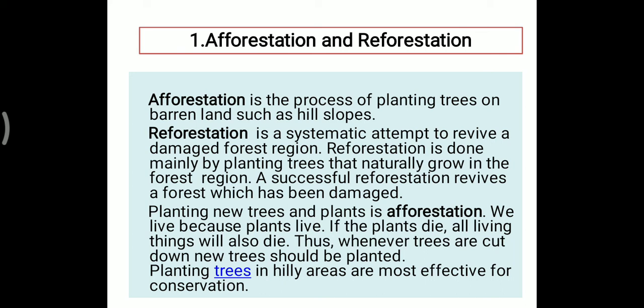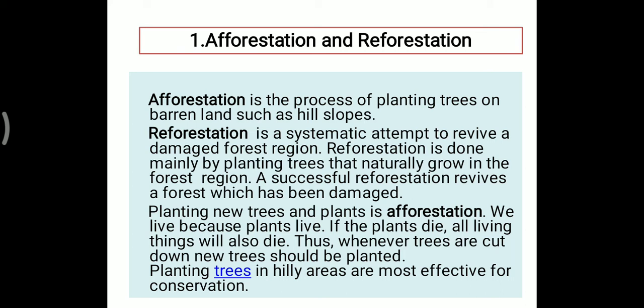So students, if you are planting trees in any region, in any area, on any land, it is known as afforestation. But if we are growing plants in a forest of the same type which has been destroyed earlier for any reason, then it is known as reforestation.